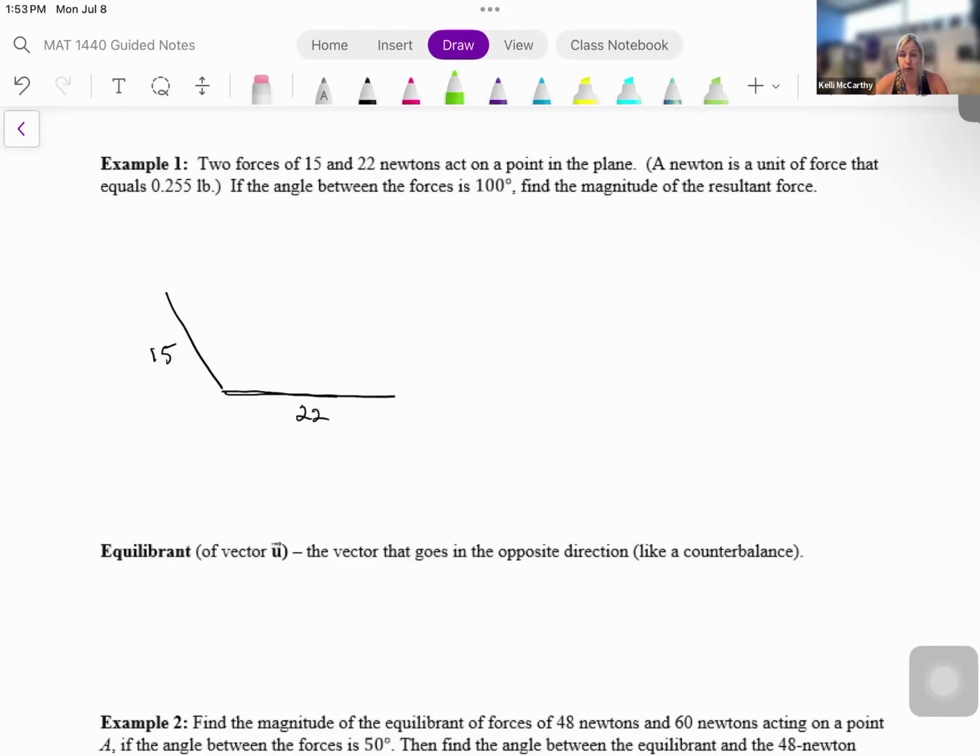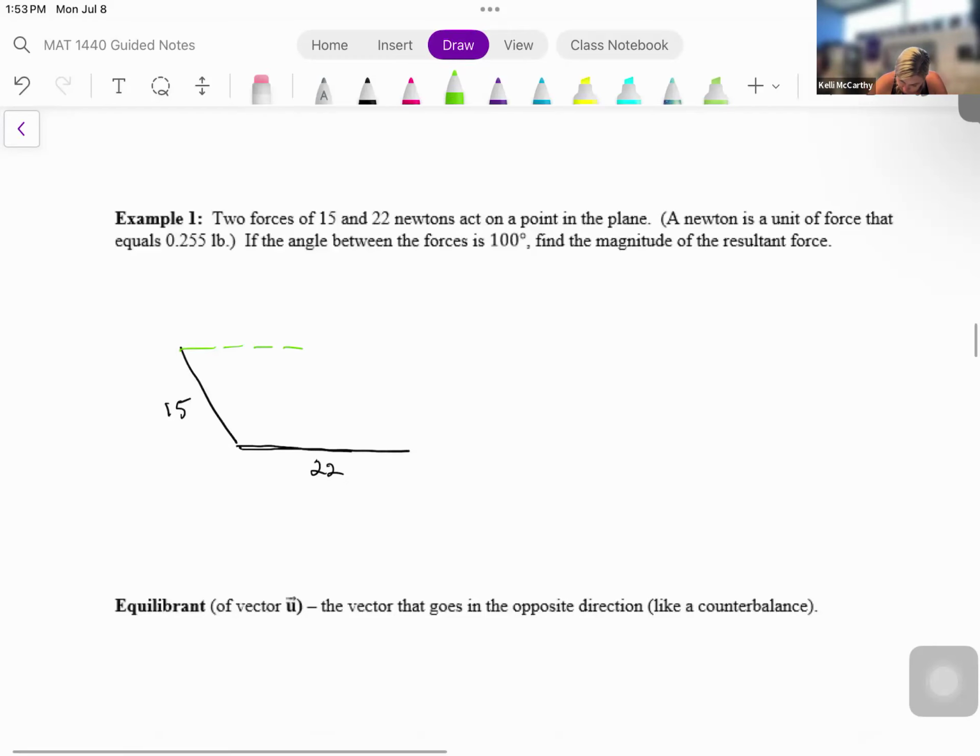So what we're going to do is sketch a parallelogram. And the resultant is going to go from the point where the two forces meet to that opposite vertex. So here's our resultant. And I'm going to name that just V for our vector.